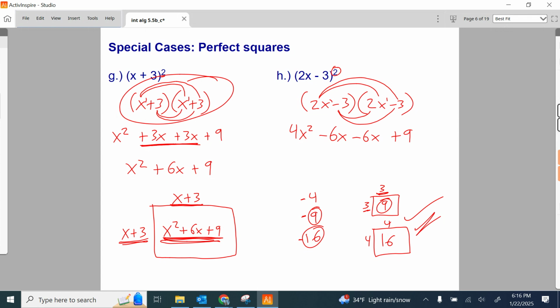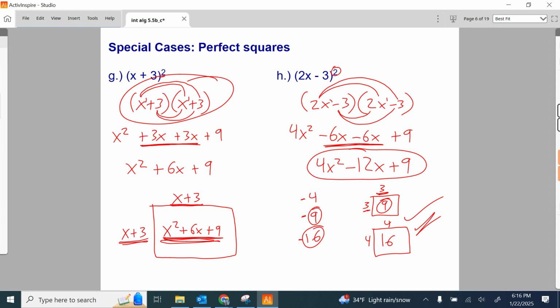After my FOIL process, I can combine the middle terms. That gives me 4x squared minus 12x plus 9 as my final answer. Okay, so there is my perfect square trinomial, the way that answer came out.